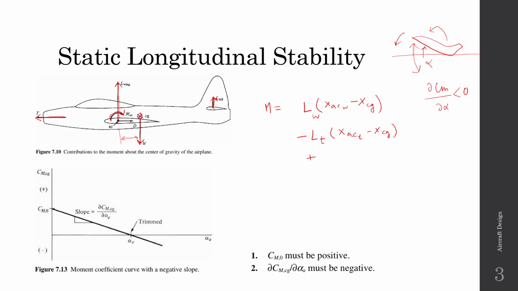So the moment caused by the wing, you have MAC. So these are the basic components. Now over here by LW I mean lift caused due to wing, and LT is lift caused due to tail.